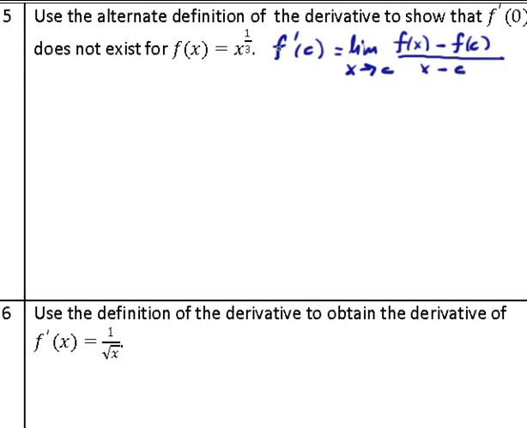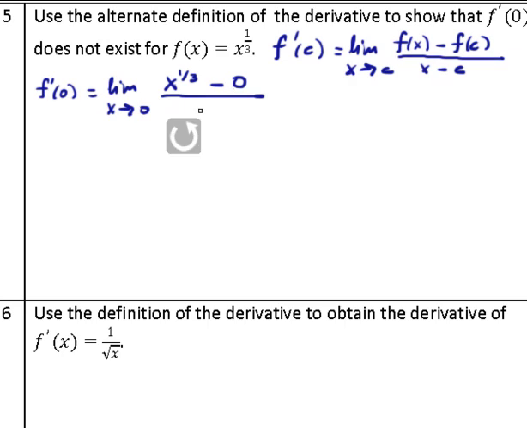All right, so in this case, we want to show that f prime of 0 does not exist. All right, so f prime of 0, that's the limit as x goes to 0 of f of x, that's x to the 1/3, minus f of c, that's f of 0, 0 to the 1/3, that's 0, over x minus 0.